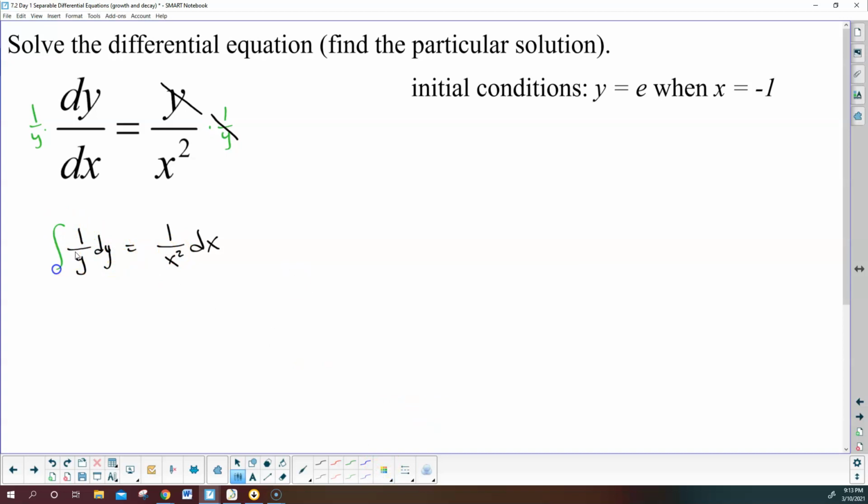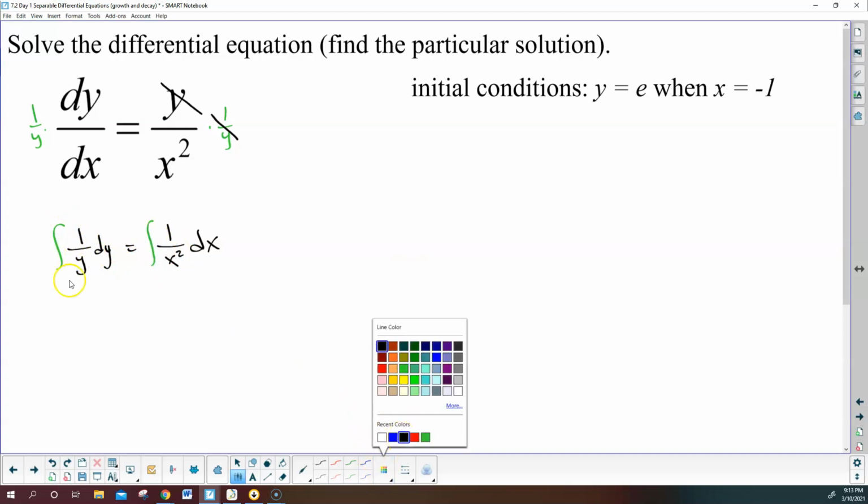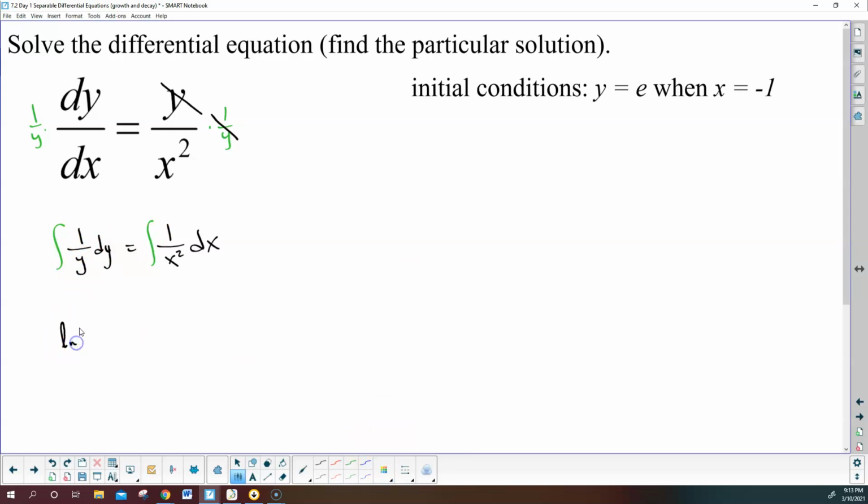Now we have to take the antiderivatives. We have to integrate. Well, this one here, we've got the natural log of y with the absolute value bars around it. That's the function whose derivative gives me 1 over y. It's ln|y|. And this one, I want to just rewrite it. I'm thinking of this as the same as x to the negative 2.